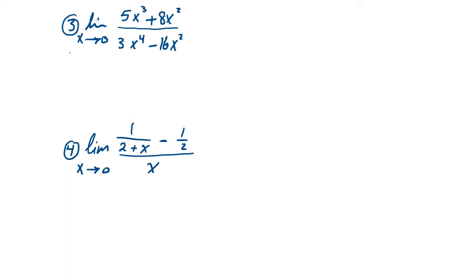To find the limit as x tends to 0 for (5x to the power 3 plus 8x squared) over (3x to the power 3 minus 16x squared), I will plug in and I will find that the answer is 0 over 0. So I need to find a method of working. I will take the method of highest common factor to simplify this one. The highest common factor up is x squared, so the remainder is 5x plus 8.